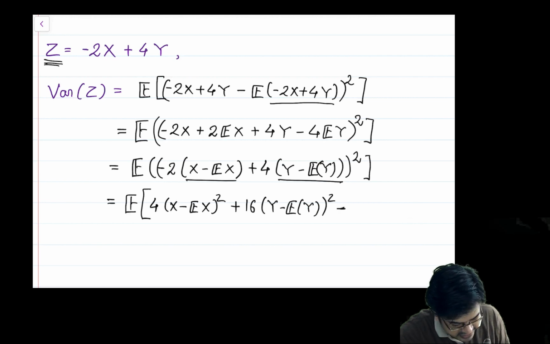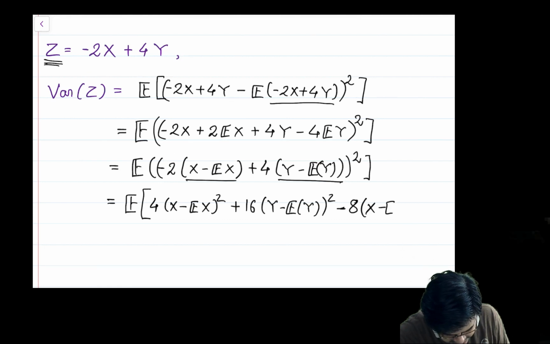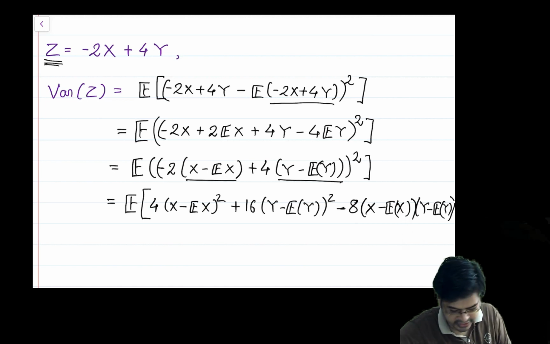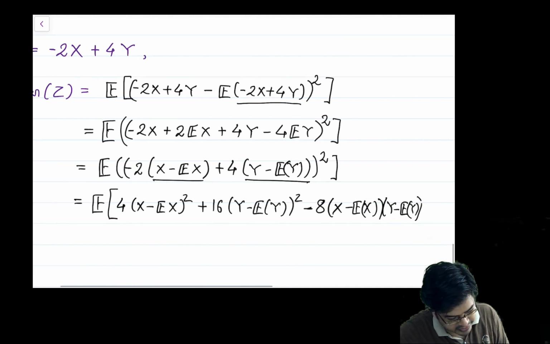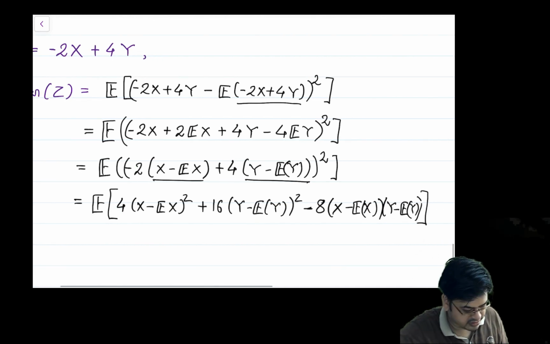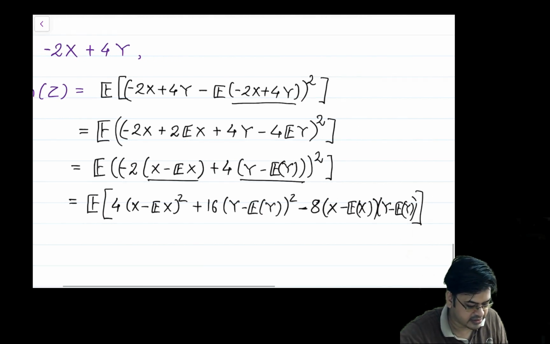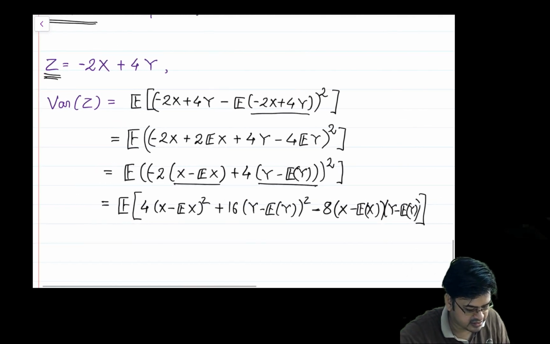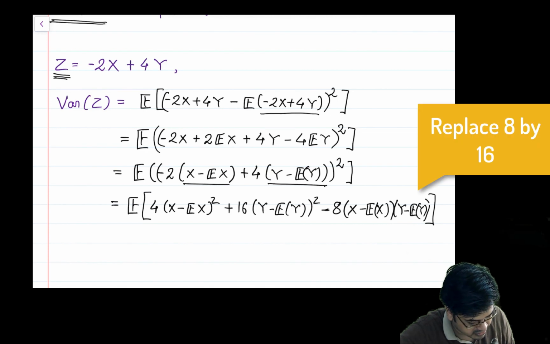That minus 2 is there and 4 is there, so 8 times x minus expected value of x and y minus expected value of y. And then comes the square bracket. Okay, so everything is under expectation.